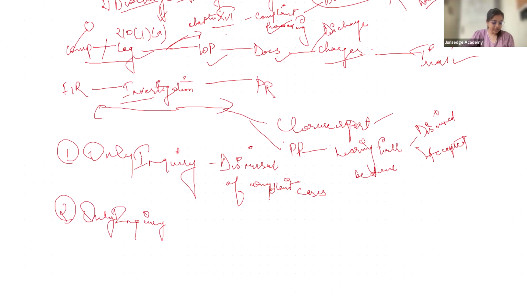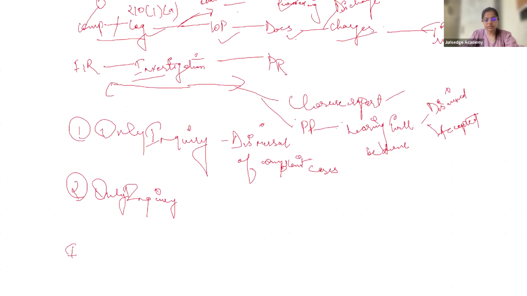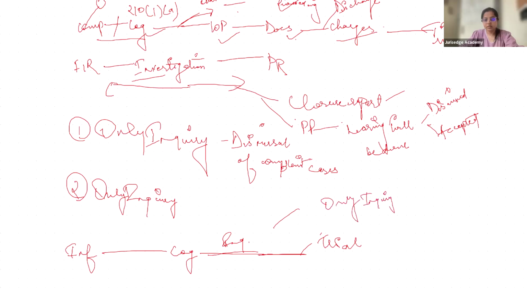On information cases, the same thing happens: information is received, direct cognizance is taken, then in between, if the inquiry happens and the court thinks that this is not a case, the court will not go on with the trial, and this becomes an only-inquiry case if the investigation is not directed. It depends upon the discretion of the magistrate.